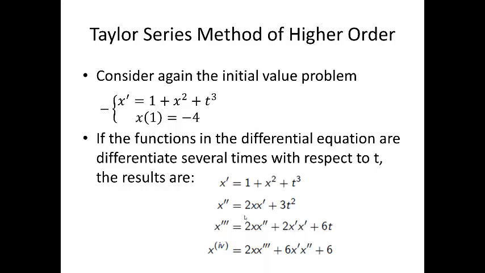Consider again the initial value problem. x prime is equal to 1 plus x squared plus t cubed, x of 1 is equal to minus 4. Now, if the functions in the differential equation are differentiated several times with respect to t, then we get the results x prime is equal to 1 plus x squared plus t cubed, x double prime is 2x x prime plus 3t squared, x triple prime is 2x x double prime plus 2x prime squared plus 6t, and x to the fourth is 2x x triple prime plus 6x prime x double prime plus 6.